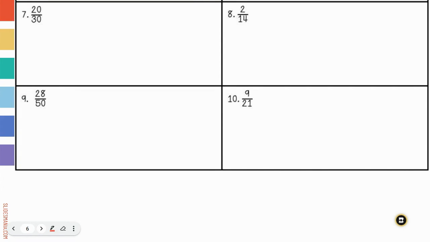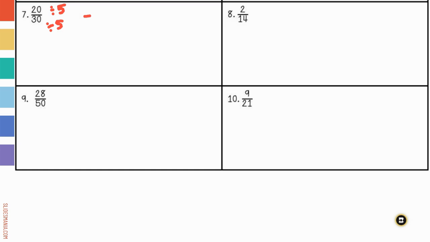Okay, number 7, we've got 20 over 30. So this one, I'm going to have to think a little bit. I think the GCF is going to be 5. And the good thing is, even if you don't find the highest factor they have in common, if you do find a factor, you can always divide again in order to reduce even more.